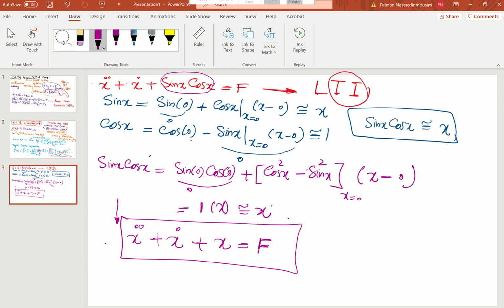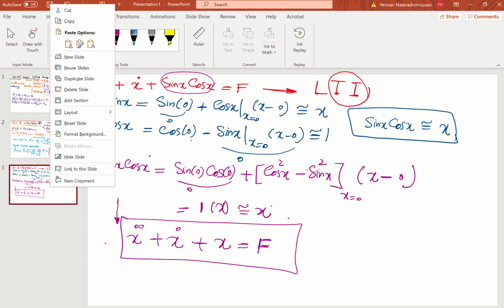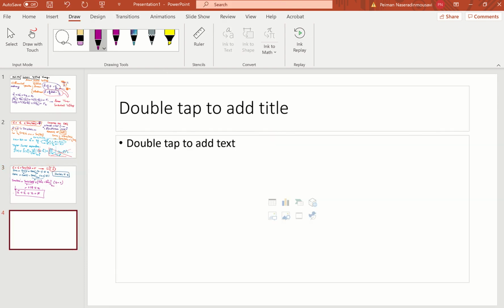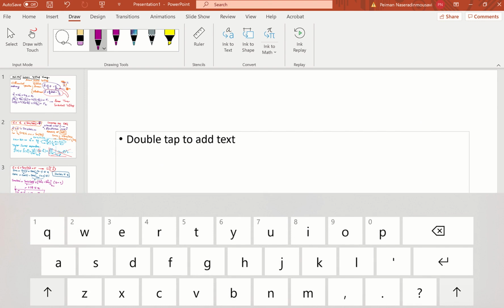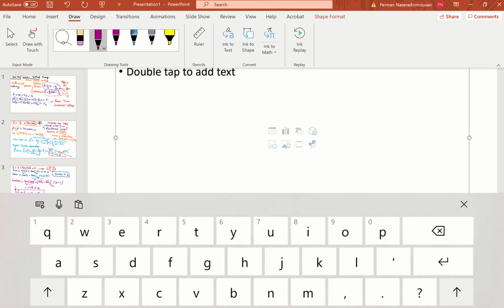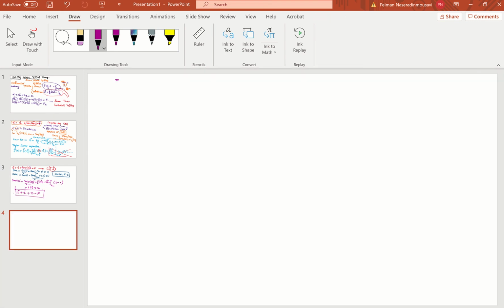Understand? This is another approach, guys, for linearization that we name the Jacobian matrix in control. Jacobian matrix, guys. You have to wait a little because I have to teach you a few things.